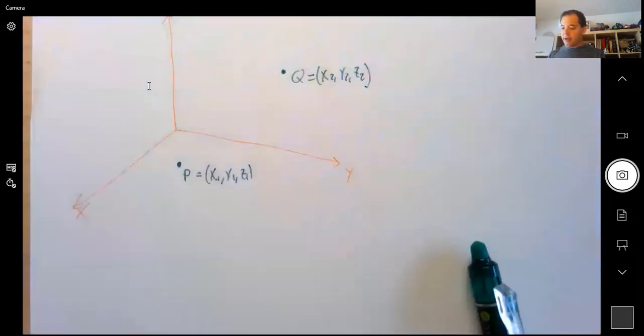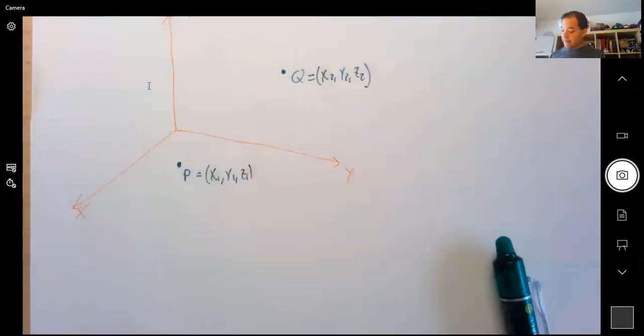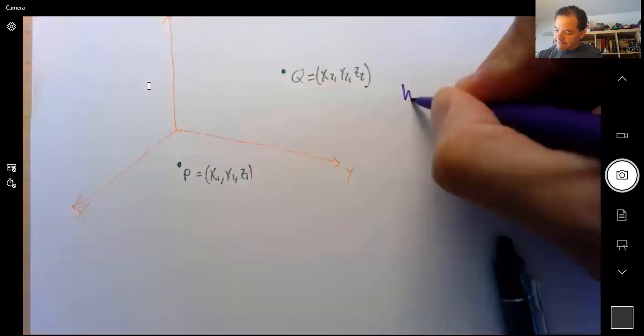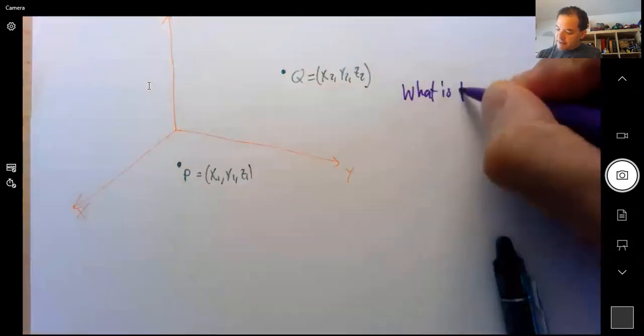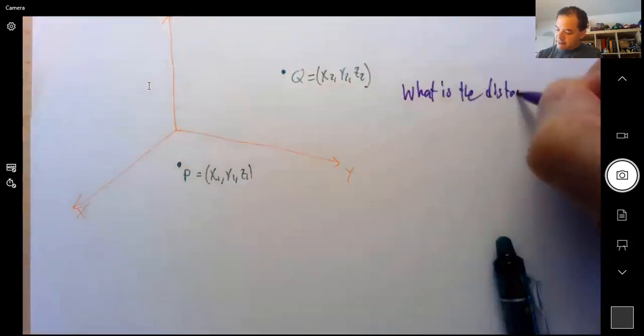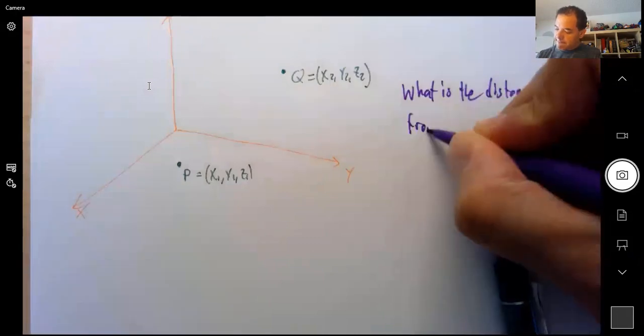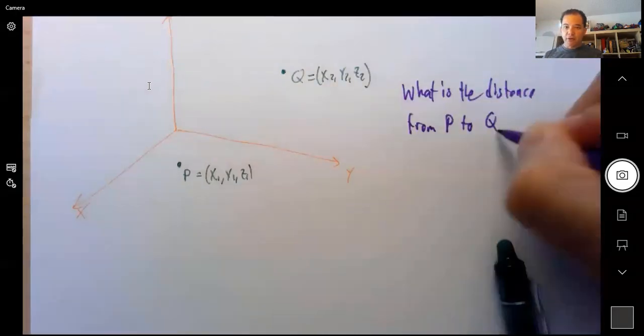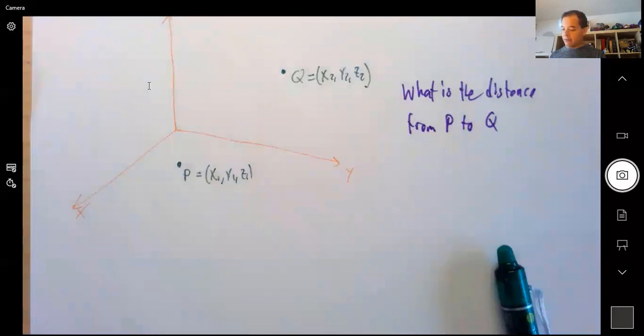All right? And what we want to find out is the distance. That's the question we want to explore. What is the distance from P to Q? Or what is the length of the segment PQ?